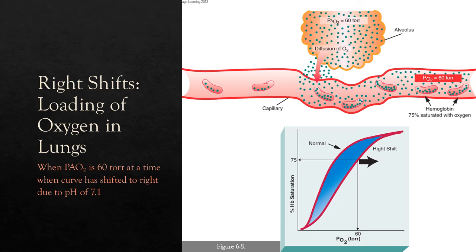Here's a right shift that we've talked about, pictured here. When the PAO2, or alveolar oxygen tension, is 60 torr at a time when the curve has shifted to the right due to a low pH, the hemoglobin is 75% saturated with oxygen due to the right shift.